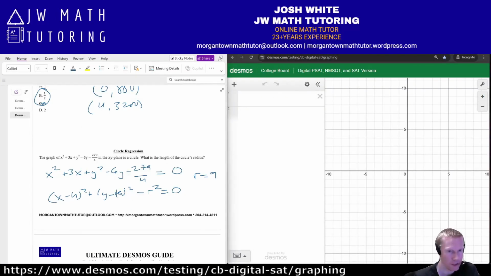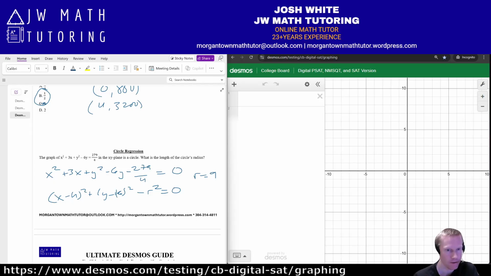Now, one thing I just want to mention about this problem we just completed is if you look at this problem as given, you can get the radius of the circle, obviously, just by typing in the equation as given and then using the distance formula, which is what I did at the end of the problem to verify it.